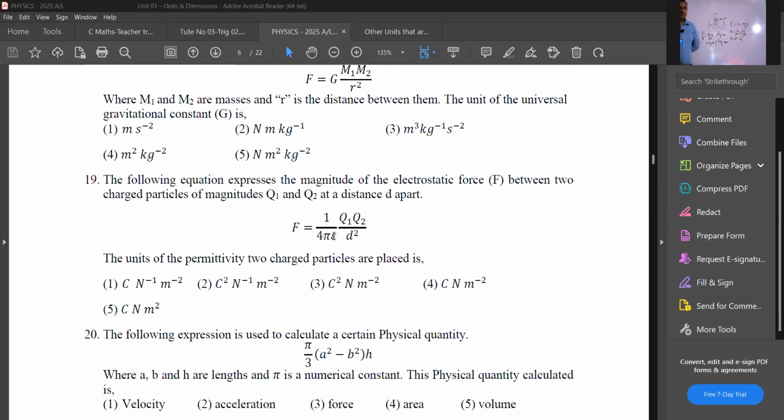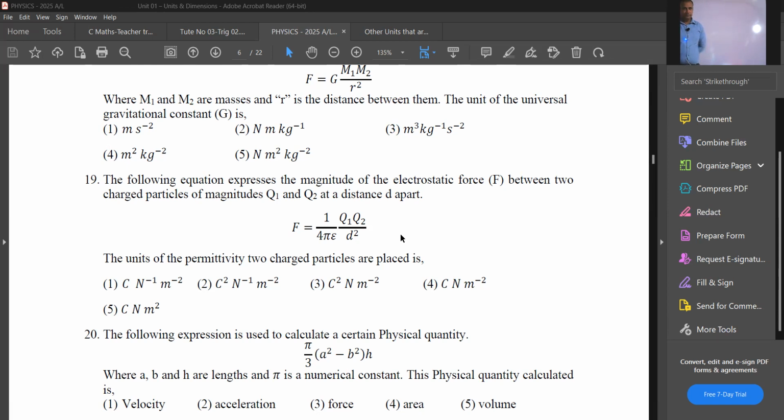This symbol is called epsilon. So what is the unit of epsilon?